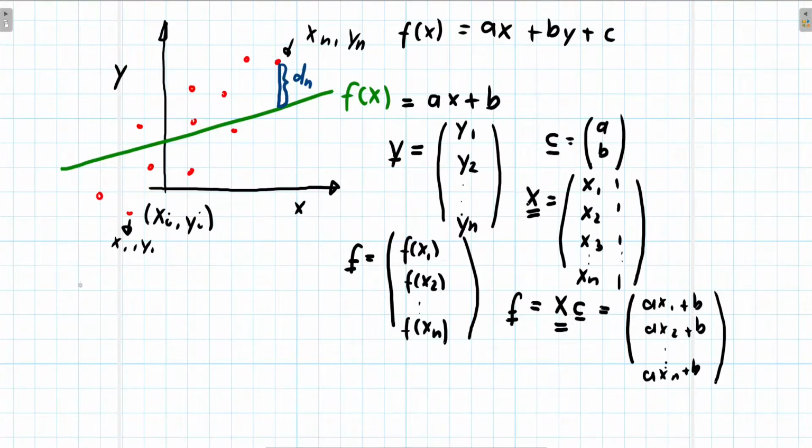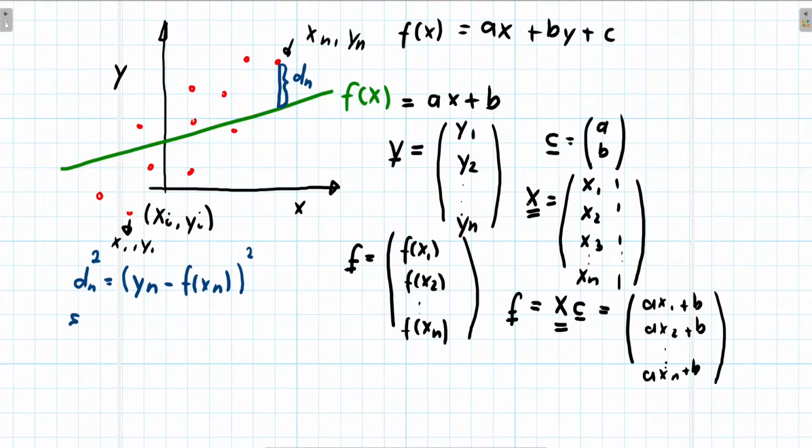So dn in this case would be yn minus f of xn. But as you can probably figure out, if you write your distance dn using just this expression, then it can have positive or negative sign, and we don't want that. So what we're going to consider is actually dn squared.